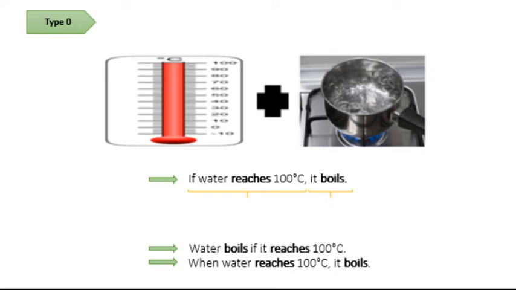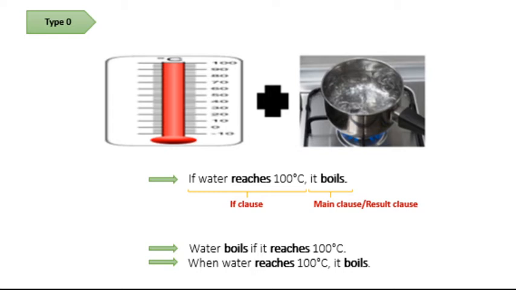The first part is called the if clause. Why if clause? Because it contains the condition, in fact. And we have if there. And the second is called the main clause or the result clause. Some people call it result clause, some others call it main clause. Why a result clause?